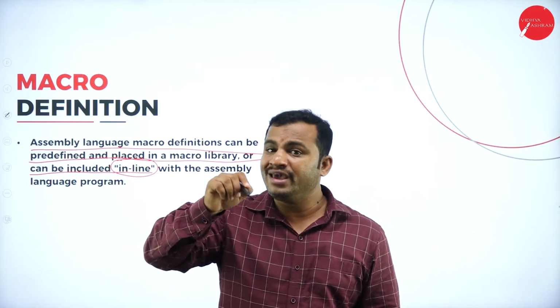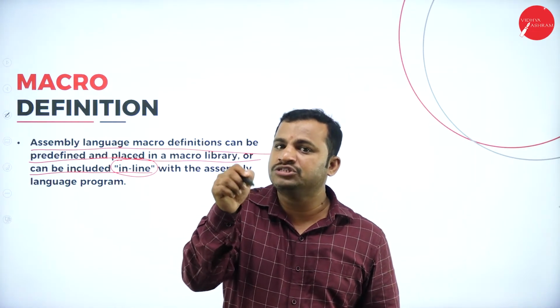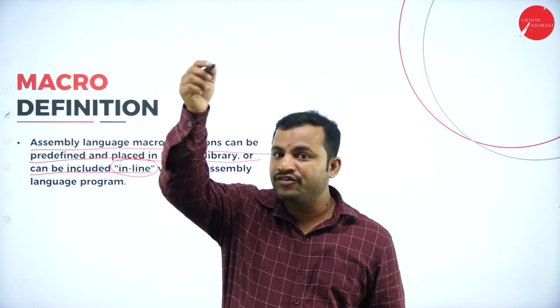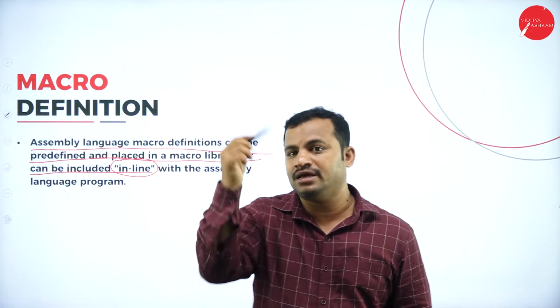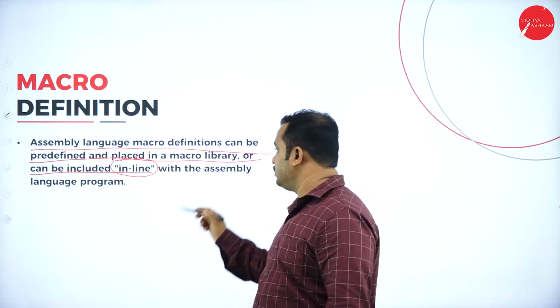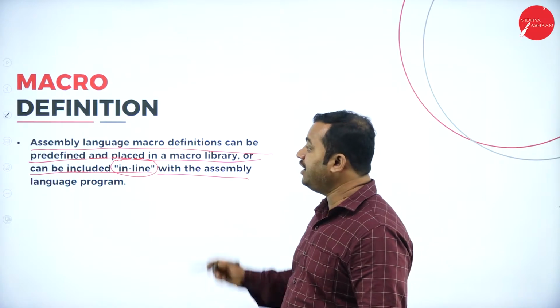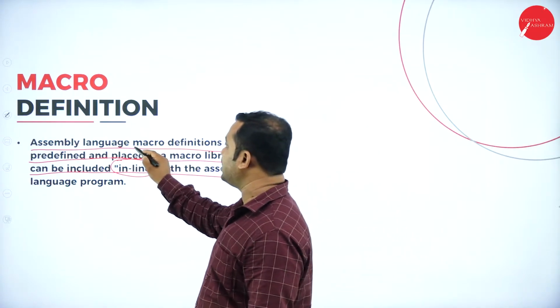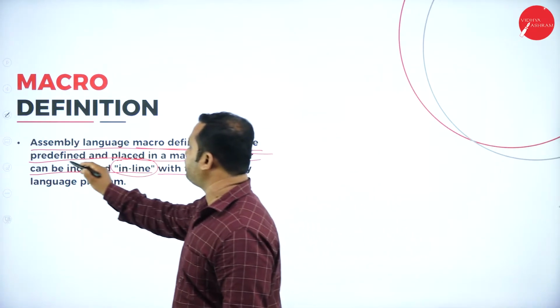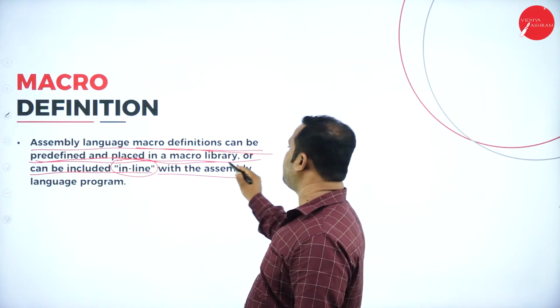That is, where the macro instruction is actually called, the definition of the macro is placed and then it goes on accordingly with the assembly language program. So we have defined that macro definitions can be predefined and placed in a macro library.